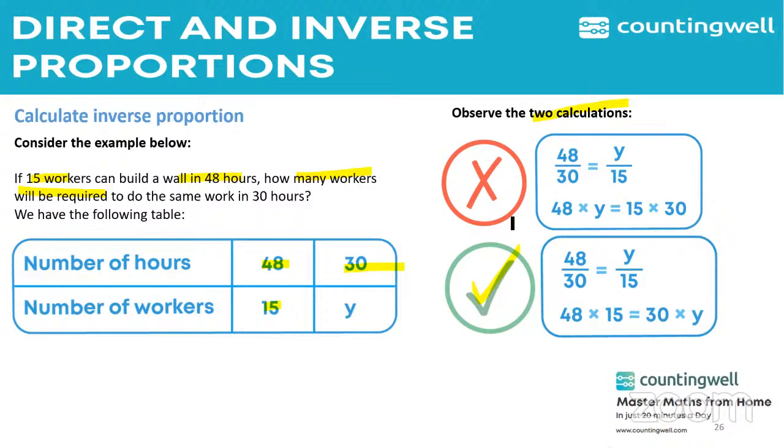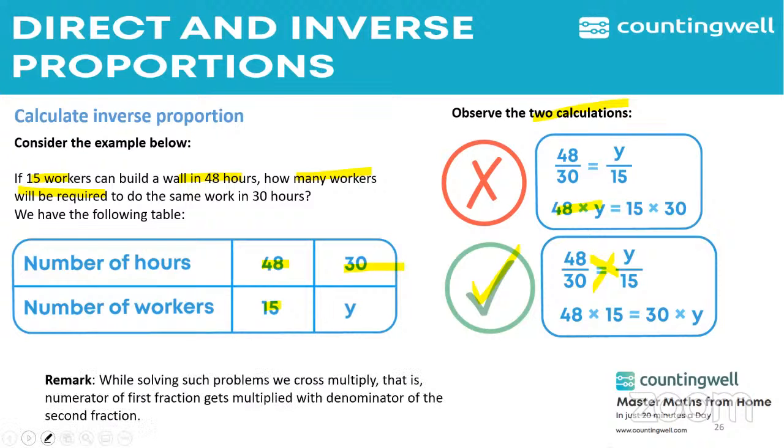So here what they have done, 48 into y, which is the correct thing. We have to cross multiply like this and then solve. So how to do the cross multiplication? Numerator of the first fraction gets multiplied with the denominator of the second.